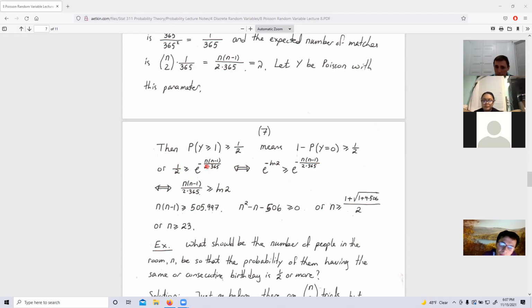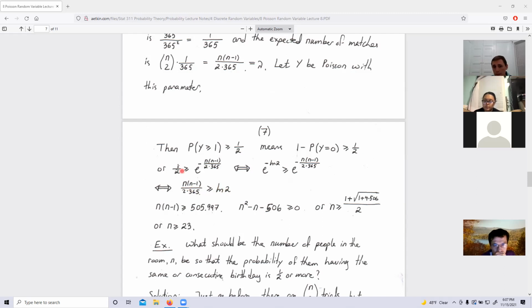Logarithm is an increasing function, so it preserves the same relation, right? So the logarithm of this number is going to be bigger than the logarithm of this number. And that's the same thing as saying that this number is bigger than ln of 2.